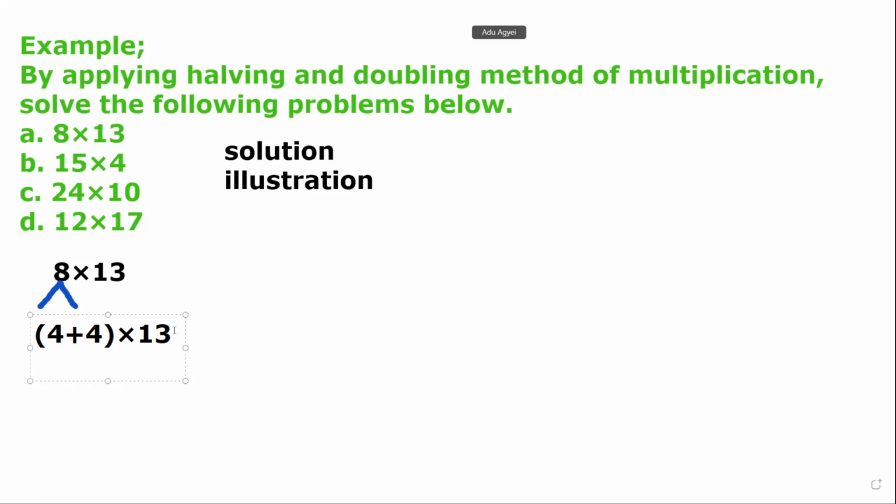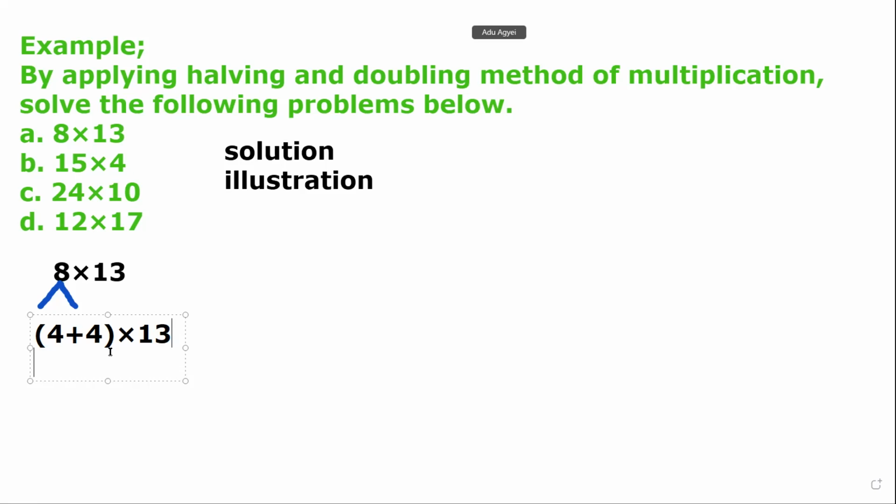Okay. So anytime there's a number outside a bracket, it means that number is multiplying those numbers inside the brackets by each digit here, or we distribute the 13 among those numbers in the bracket. So with this one here, we are going to use the half of the 8, each of them, to multiply the 13.